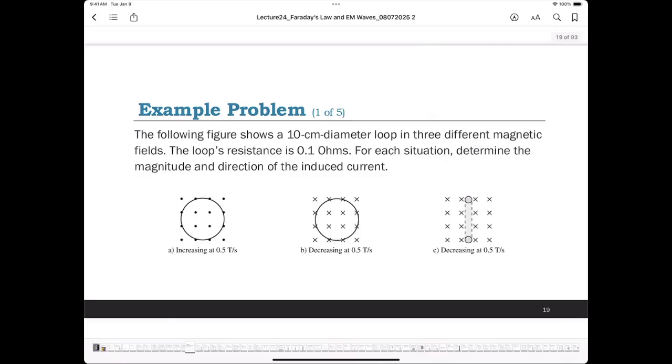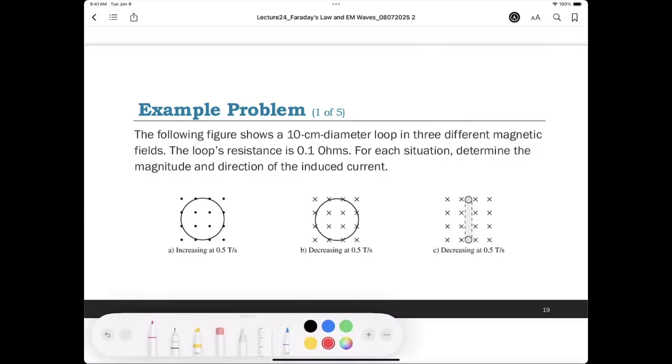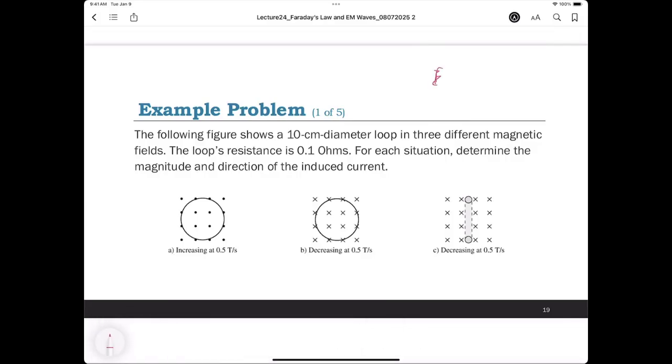I think you just use Faraday's law to calculate the induced EMF, delta phi by delta t, and then use Ohm's law to calculate the current.